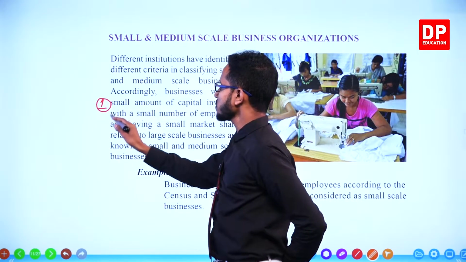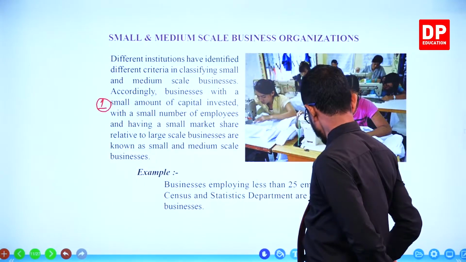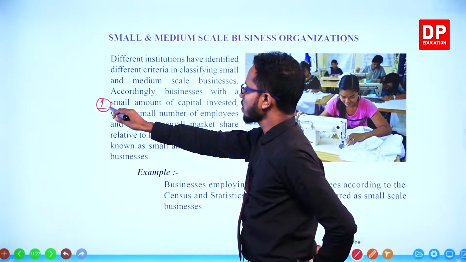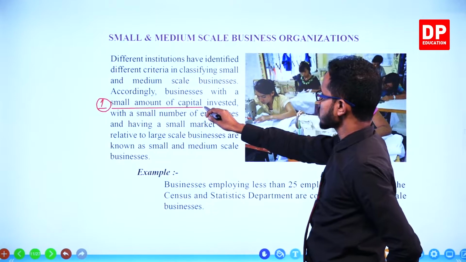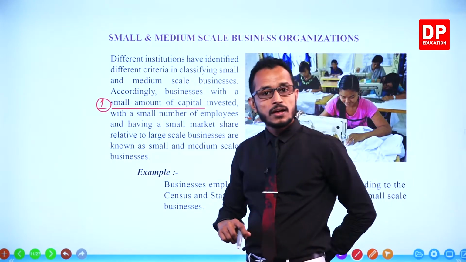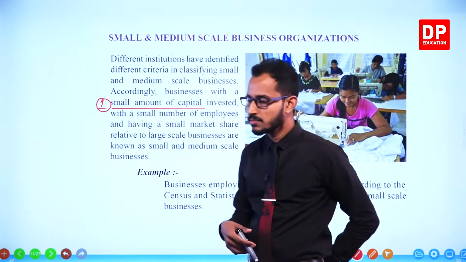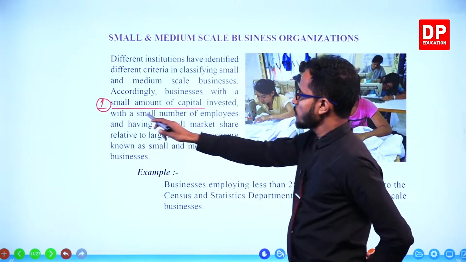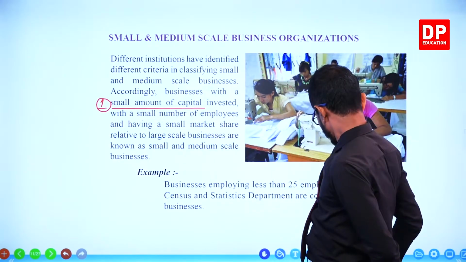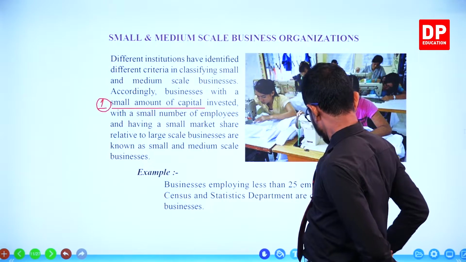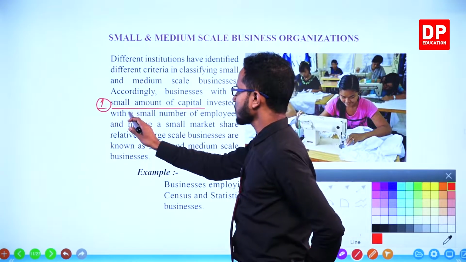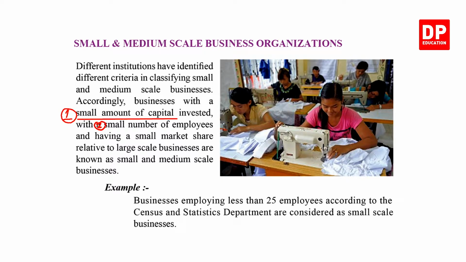We already talked about this, small amount of capital. So amount of capital is the first criteria. Second, with a small number of employees. Again, this is the second, small number of employees.